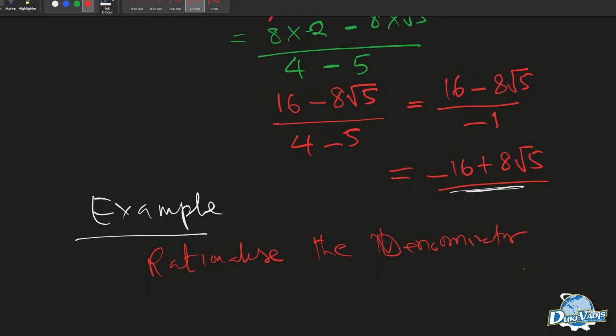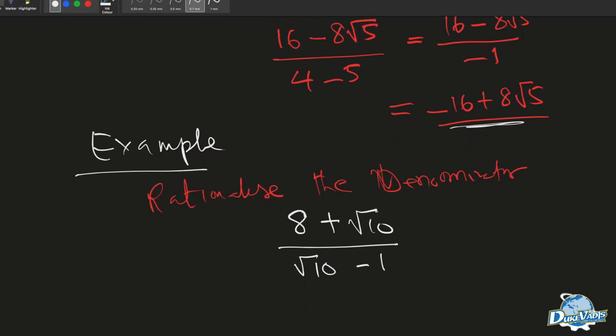When you look at it, the question we have been given is 8 plus √10 divided by √10 minus 1. Fantastic. First and foremost, we select our denominator, which is √10 minus 1.